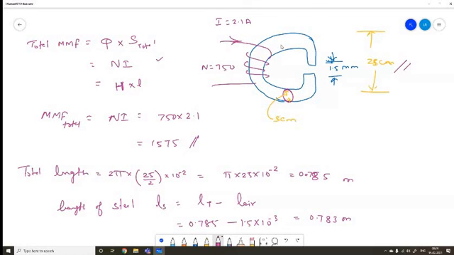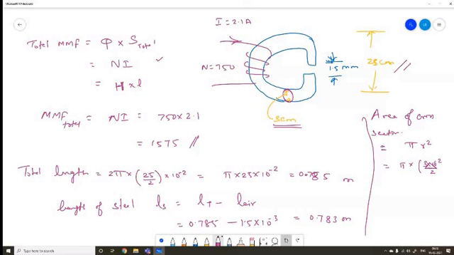So this is how much? π into (3 into 10 to the power minus 2 by 2) whole square, which is 0.0007 meter square. So this will be the area of cross section.